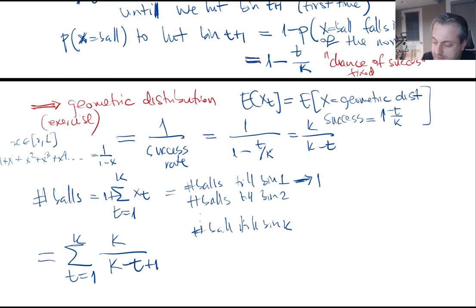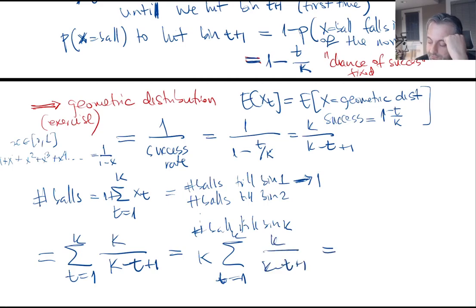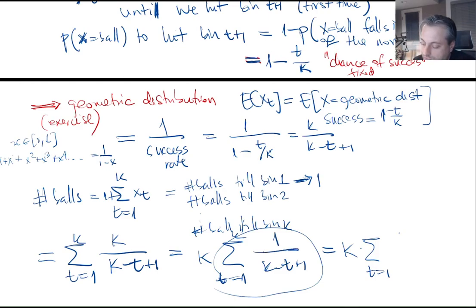I guess I'm missing a 1 here somewhere. Certainly the first ball goes to the first bin. So that would be k times the sum from t equal 1 to k of 1 over k minus t plus 1, which, looking at it backwards, is the sum from t equal 1 to k of 1 over t, right? So that is the harmonic number.